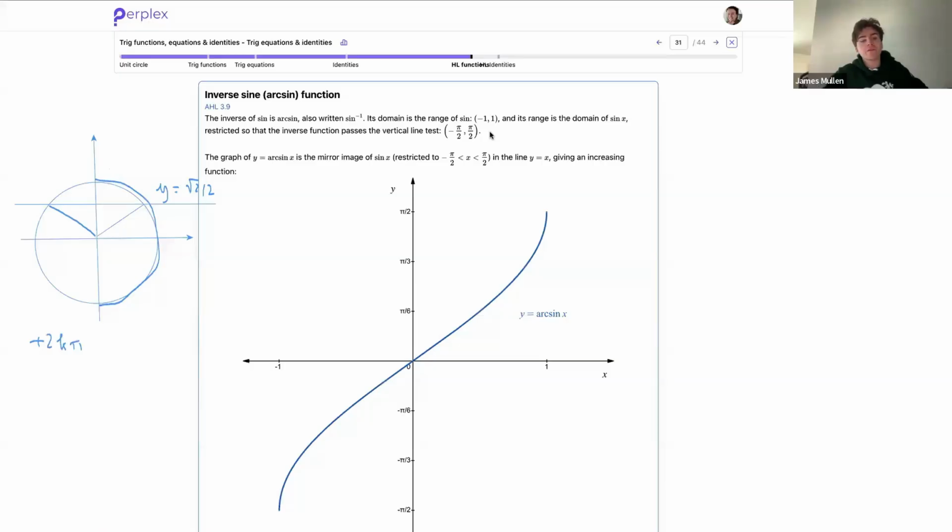It's purely a convention, but it's the one that makes the most sense because you need an interval that ranges through all the y values, from negative 1 to 1, but it also should never go through the same y value twice.